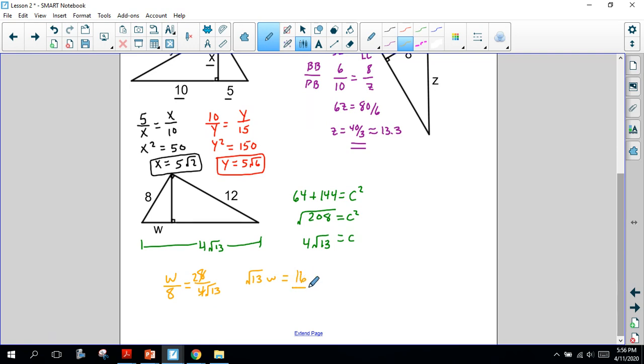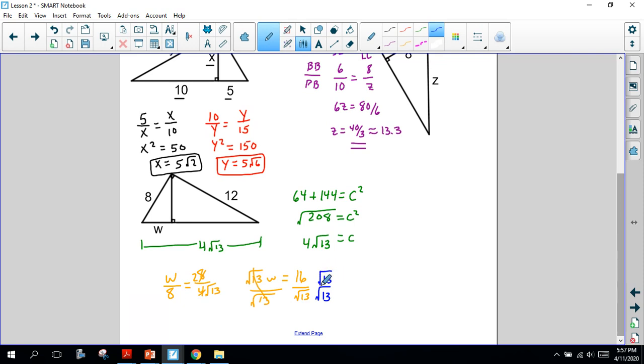And then to solve this, I divide by radical 13 on each side. And as I do that, the radical 13s here are going to reduce away. So to simplify this answer in the end, simplest radical form, we should not have a radical in the denominator. If you remember back in your algebra days, to rationalize a denominator, we multiply the top and bottom times radical 13.